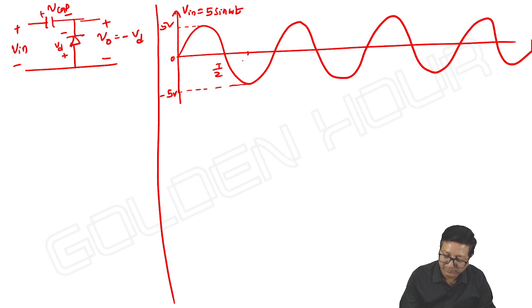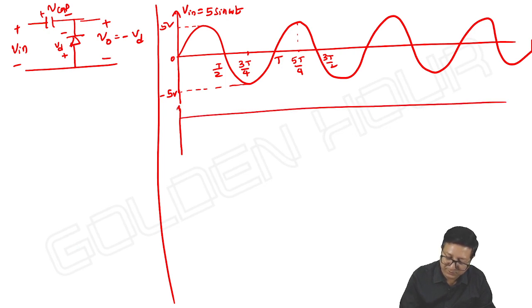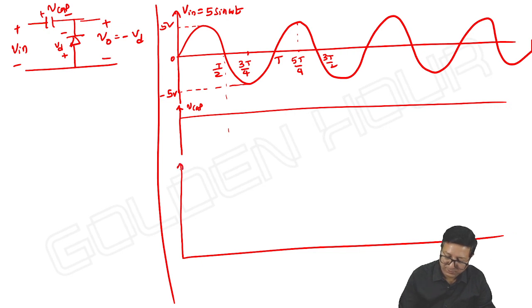T by 2, 3T by 4, T, 5T by 4, 3T by 2. This is enough for us, more than enough. V capacitor, V output, R minus VD.